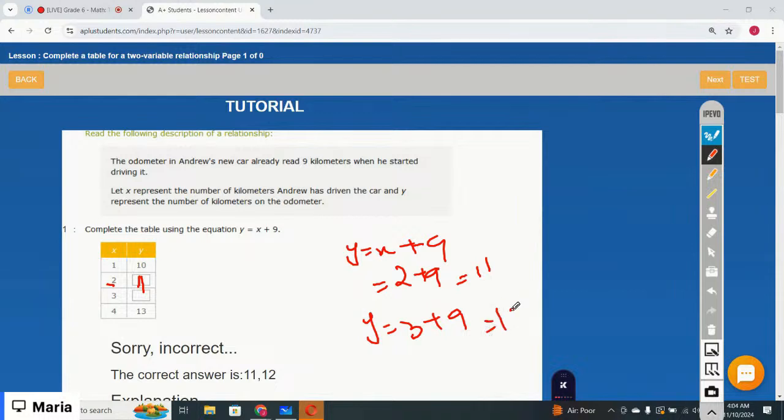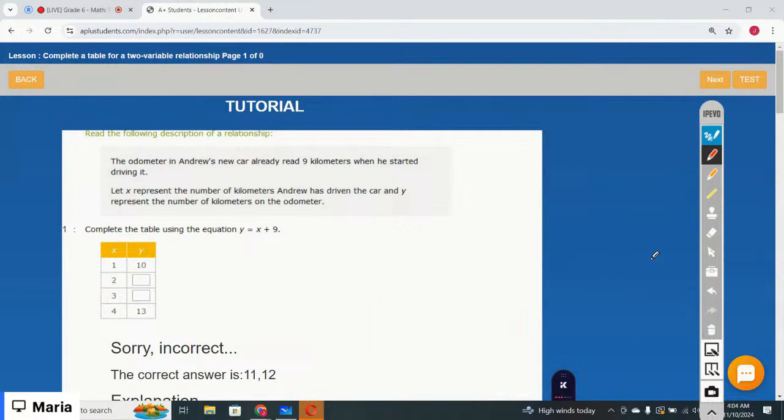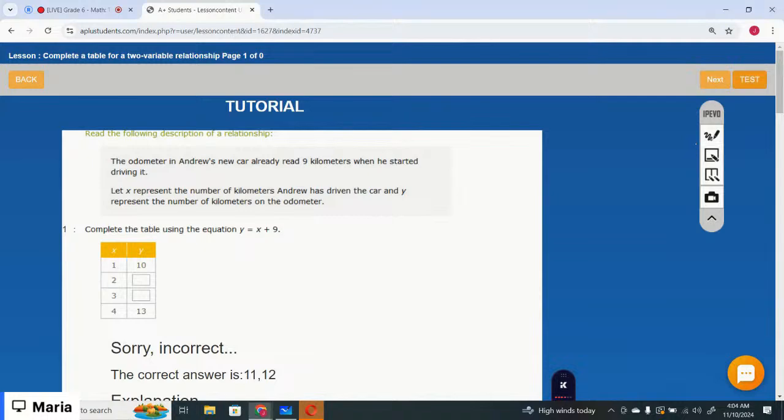So that means when x is 3, y is 12. Got it? Okay, you can complete the table. Okay, let's just start with the test questions.